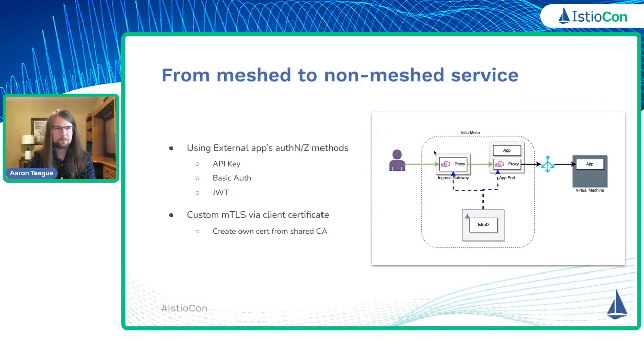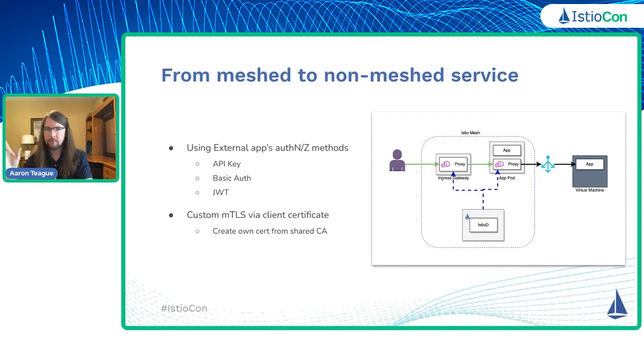free to go. Now, this is the part where it gets a bit murky, and it's going to continue getting murkier. But the first murkiness is, what if your service that's in the mesh is trying to talk to something outside of the mesh? Most of the time, you're not going to have control over this external thing. It might be a SaaS, it might be a vendor's load balancer, it might be something else.